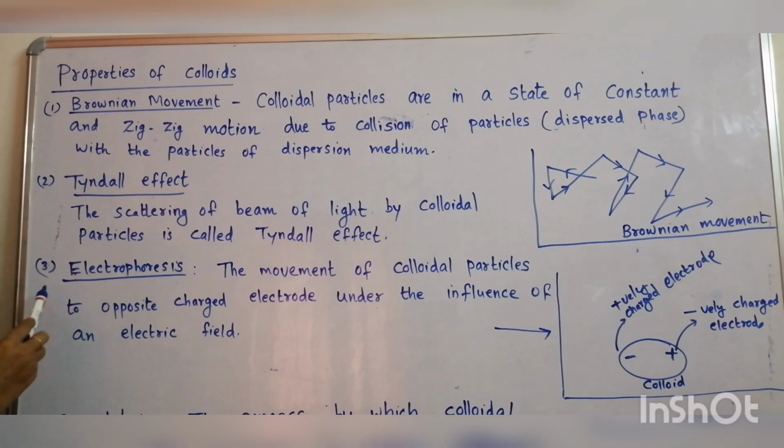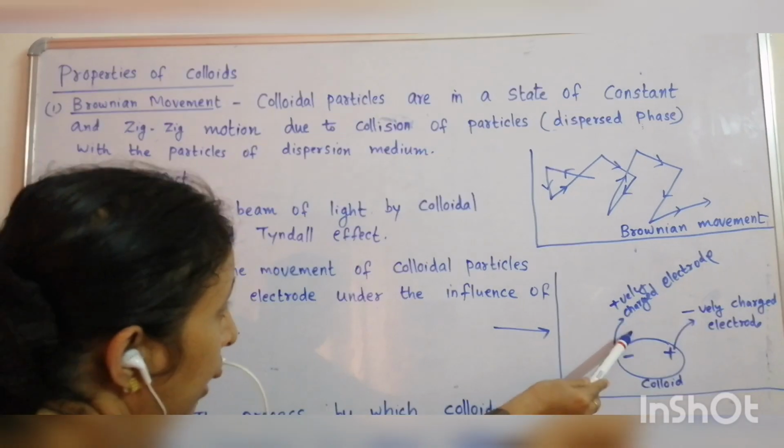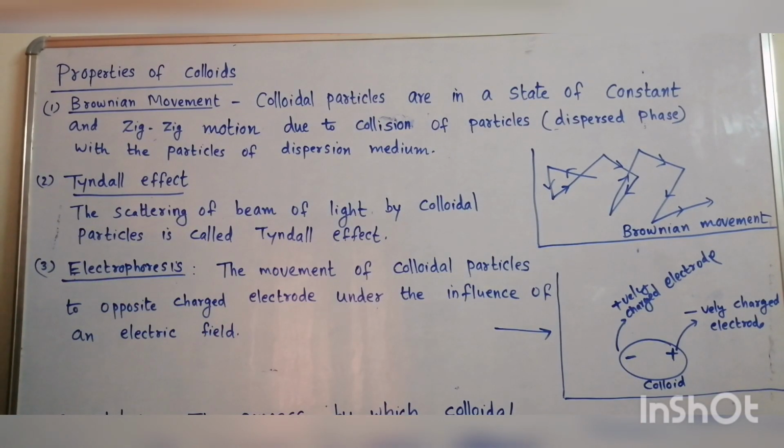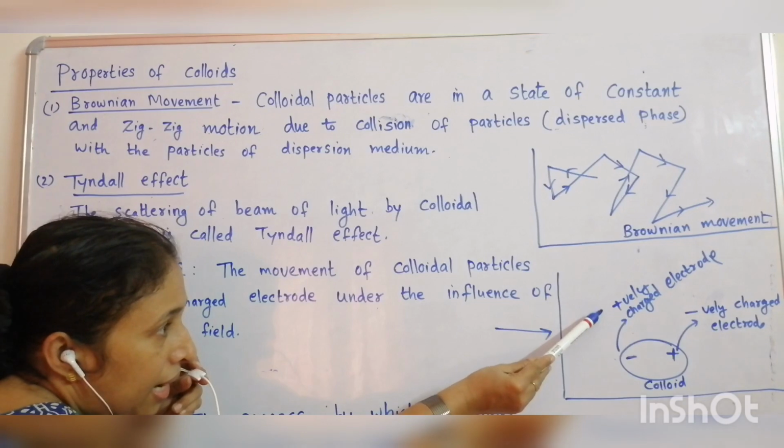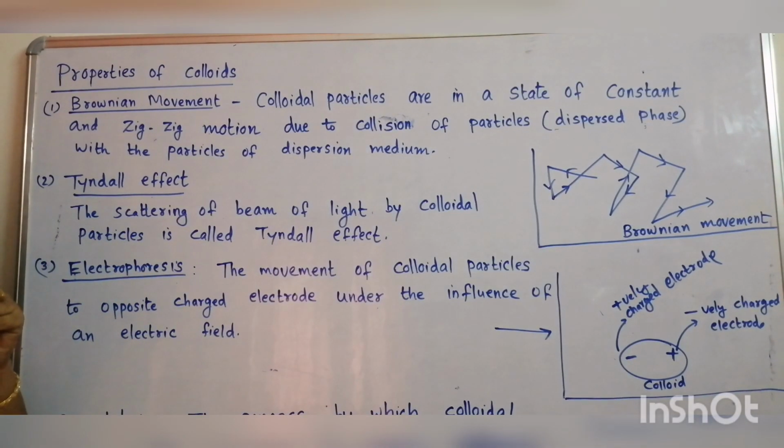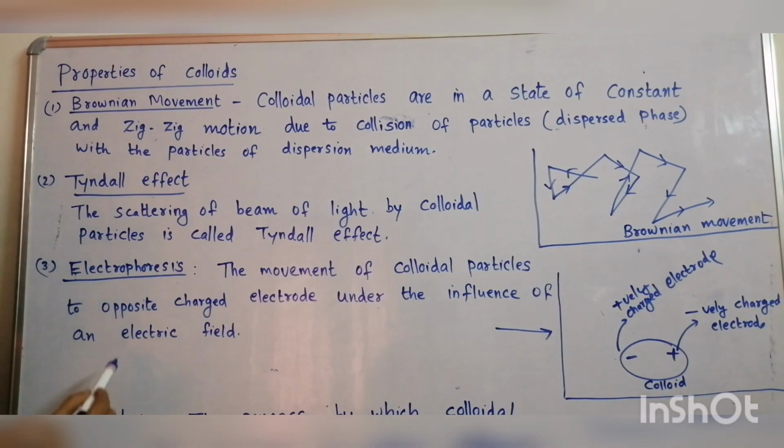Now let us see the third property, electrophoresis. You know that the colloidal particles possess a charge, either positive charge or negative charge. The positively charged particle is attracted towards the oppositely charged negative electrode, and the negatively charged particle is attracted towards the positively charged electrode under the influence of an electric field.